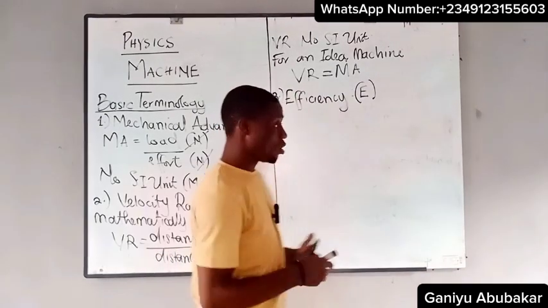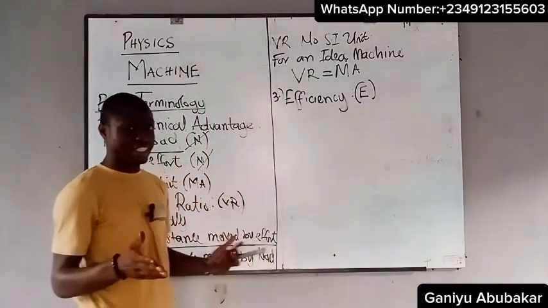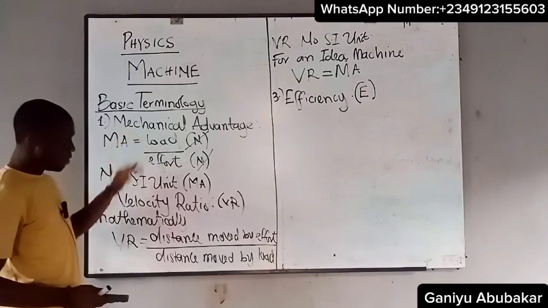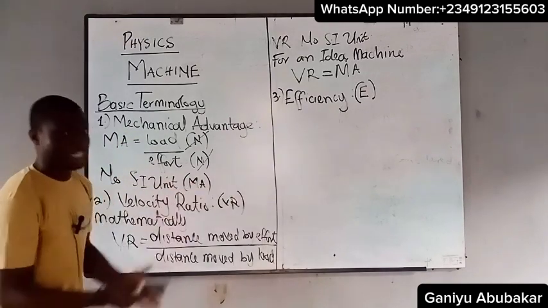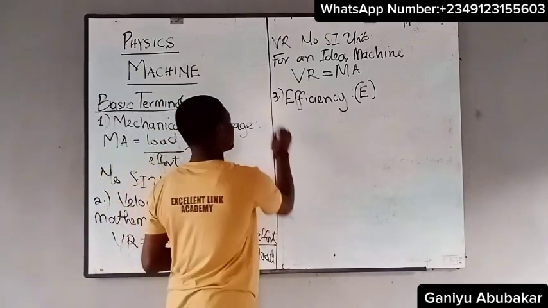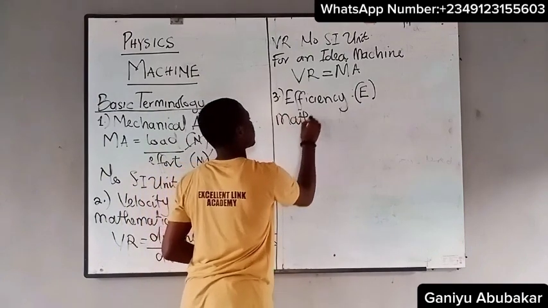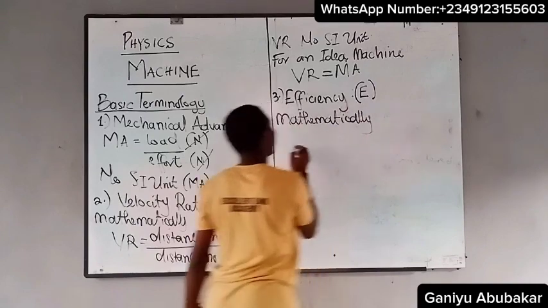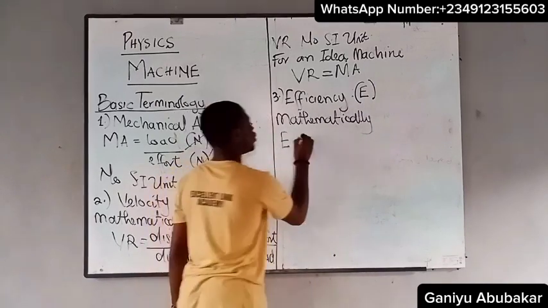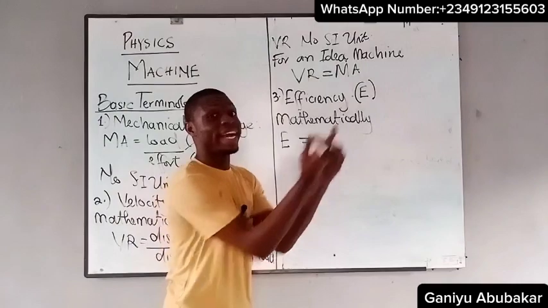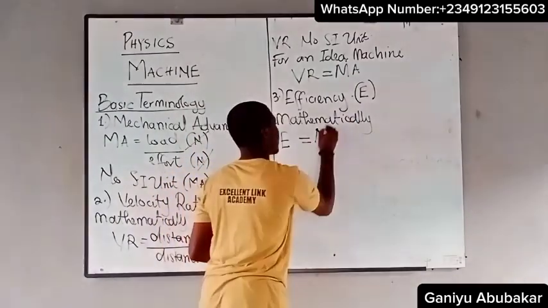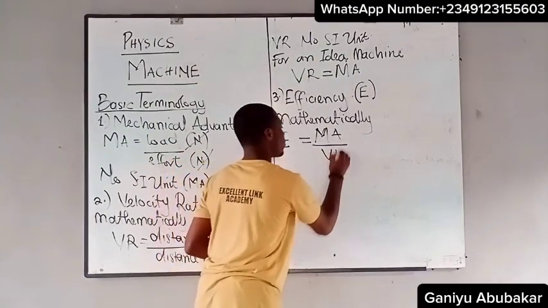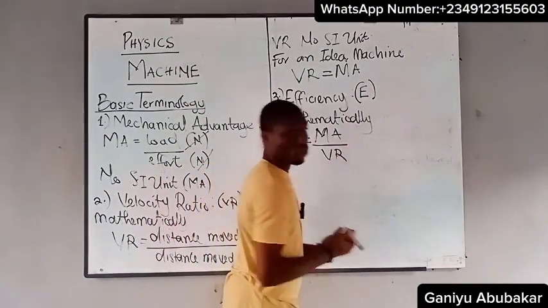What do I mean? When it comes to efficiency, I'm combining both mechanical advantage and velocity ratio in terms of percentage. Mathematically, I'm saying that efficiency E is equal to the ratio of mechanical advantage, that is MA, over velocity ratio, that's VR, expressed in terms of percentage.